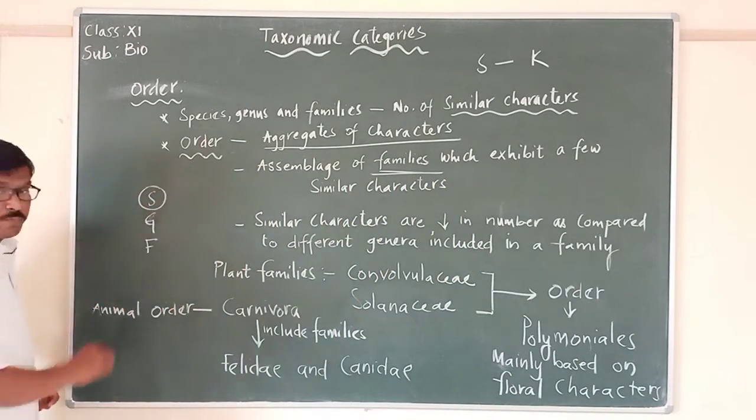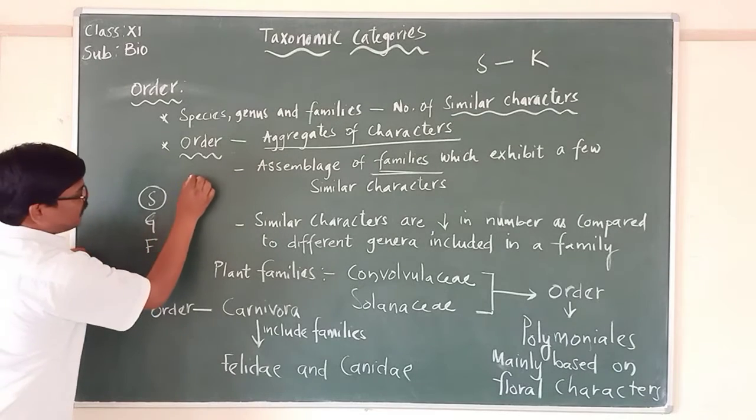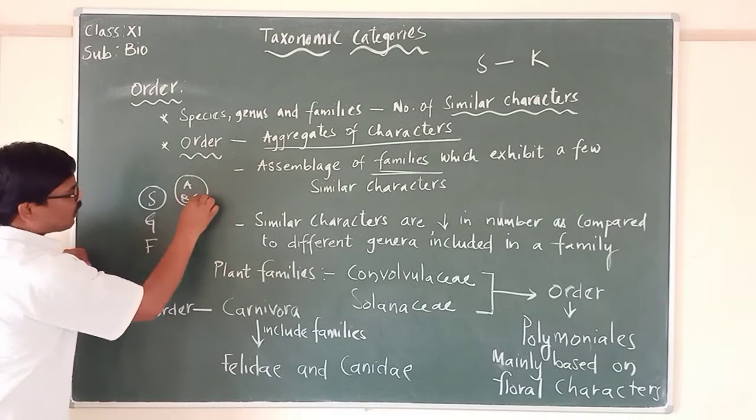As we said, the first one is species. If this is A, B, C, these are all different species.